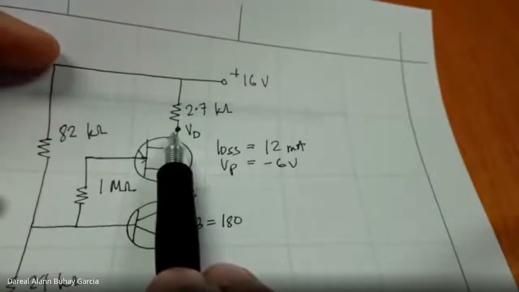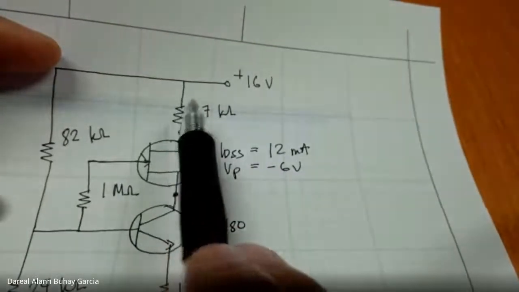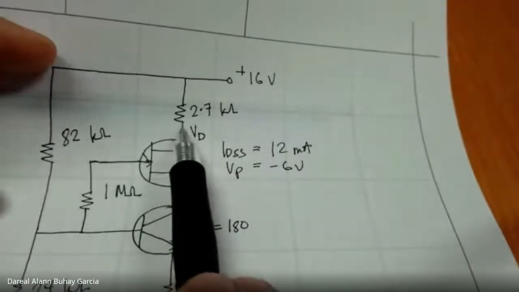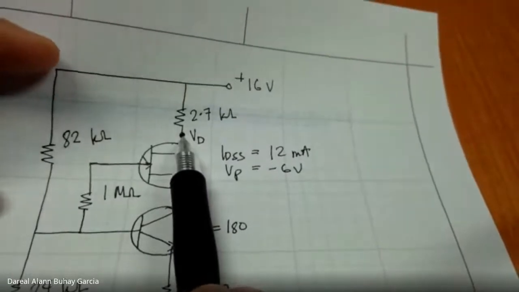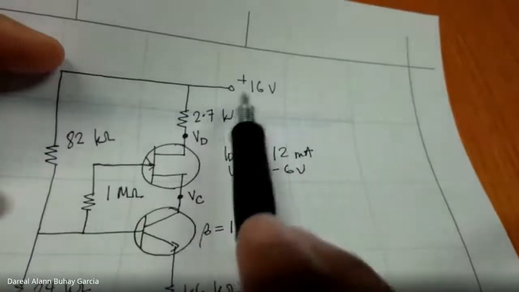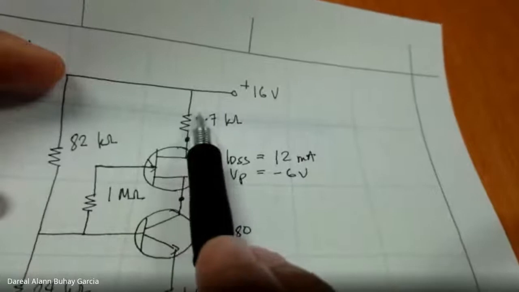Si VD, pwede na siya 16 minus ano ba ni? IDRD minus VD is equal to 0. Kung makuha lang na to si ID, makuha na nato si VD. Kay 16 minus voltage drop sa drain resistor, mo naman na si VD.